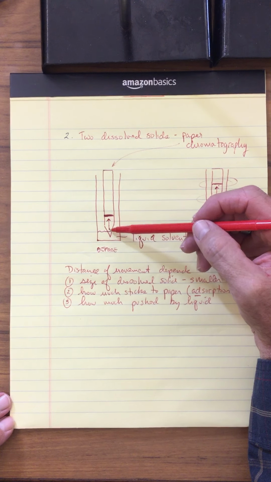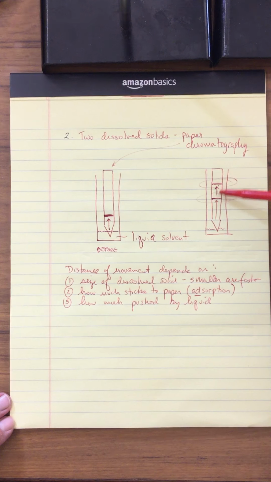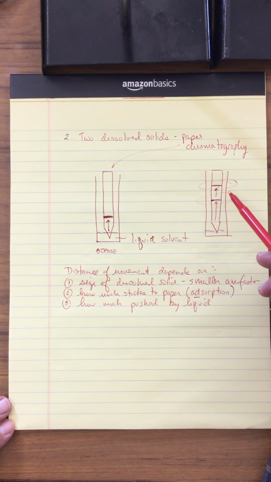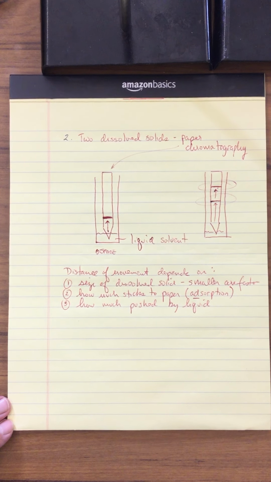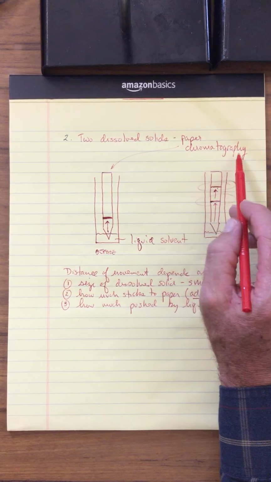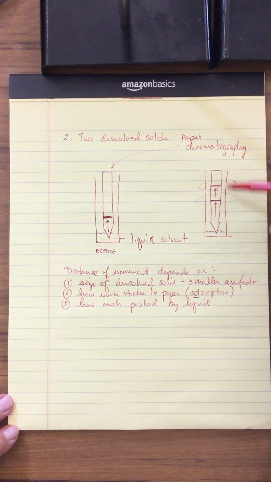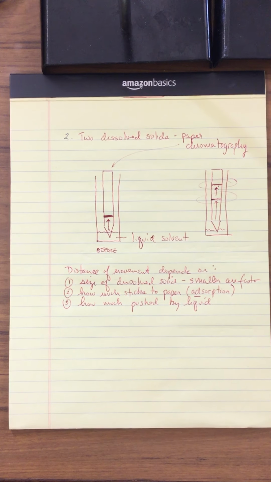And what will happen is the liquid solvent will push the pigments up the paper, and you can actually separate your pigments based upon their various colors. And you'll see various types of greens and yellows and oranges in land plants. And that's why it's called chromatography, because chroma means color and graph means to chart. It's a little chart of the colors. It's a separation of the colors. So we'll see that also in our lab.